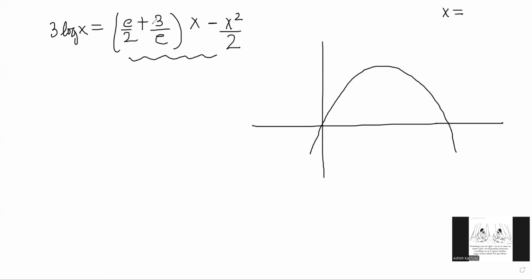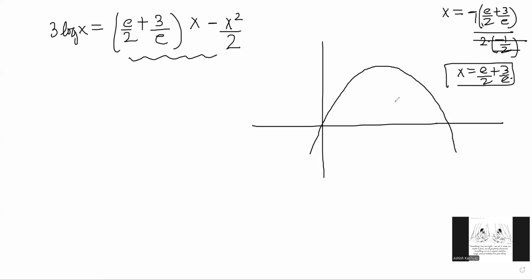So we will get it at negative of b, which is e by 2 plus 3 by e, by 2 into a, which is minus half. So this is going to be 1. So at x is equal to e by 2 plus 3 by e, you will get the maximum value of this parabola, right?